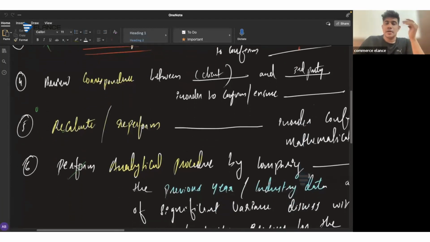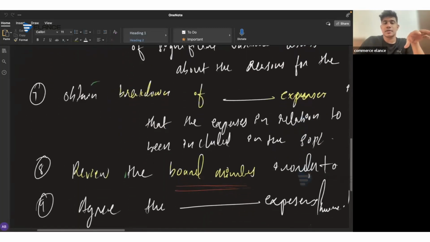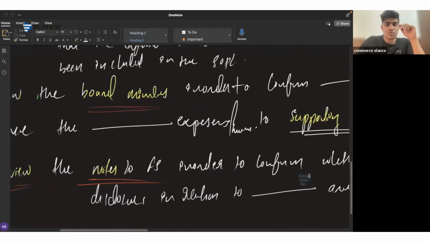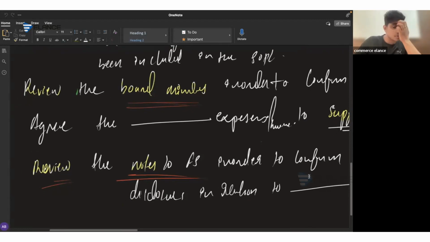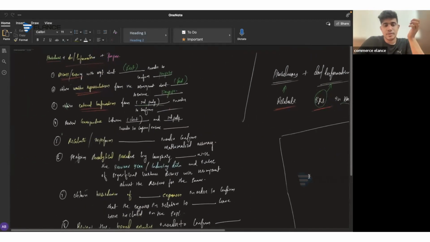Is there any possibility of recalculation or reperformance? Analytical procedures? Obtaining a breakdown of expenses, reviewing the board minutes? Agreeing things to supporting documents and reviewing notes to the financial statements? Is that clear, everyone? Yes, sir.